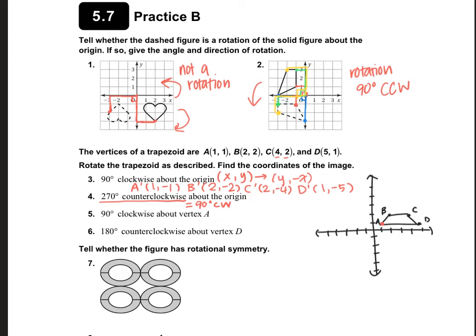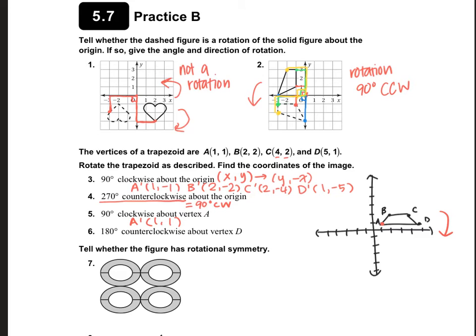And if it's clockwise, you're going to move it this way, so it's going to be in the 4th quadrant. Because I'm rotating about vertex A, I don't have to move A, so my A prime is going to be the same point as A, which is just 1, 1.